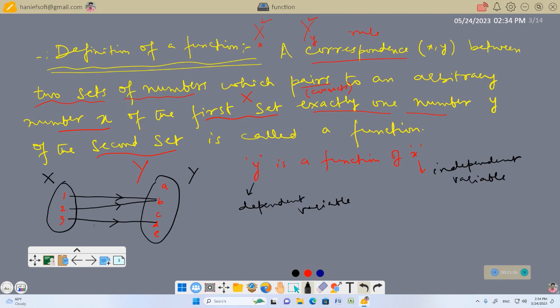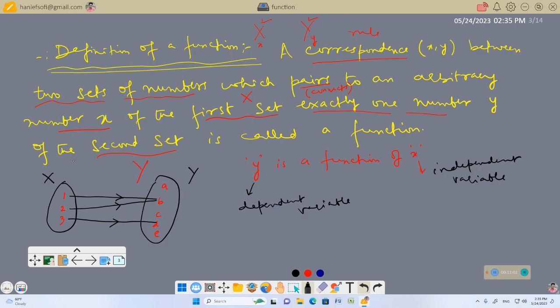does this rule qualify for function? Can we say this rule, which is embodied in this Venn diagram or represented by this Venn diagram, is it a function or not? See, this is a function. You can see because your definition is satisfied.